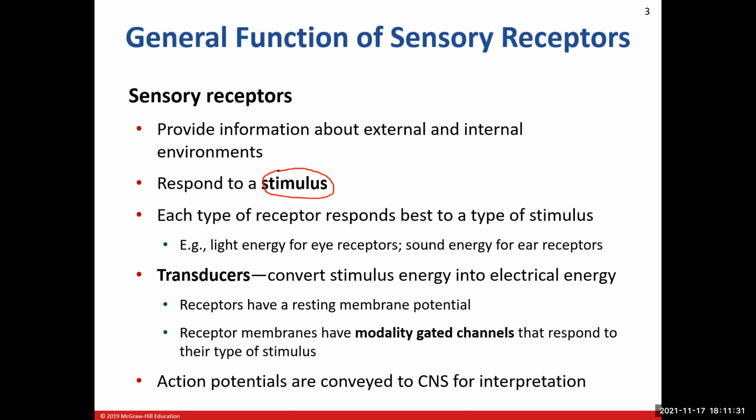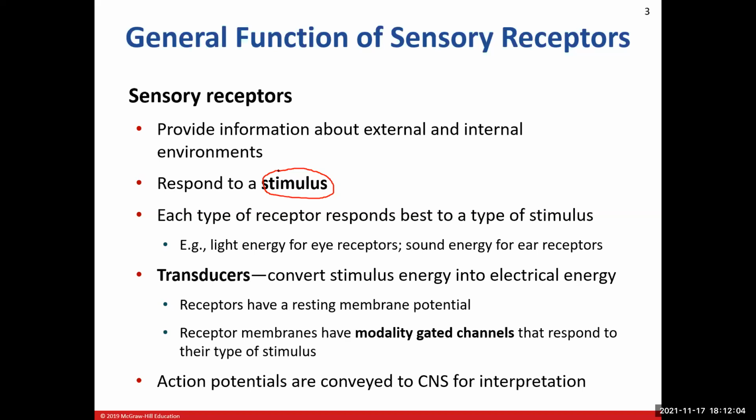For example, light energy is collected by the photoreceptors in your eye. Those photoreceptors are great for collecting light energy information. They are horrible for collecting sound energy information. In fact, they don't work at all. So specific stimuli activate specific receptors.